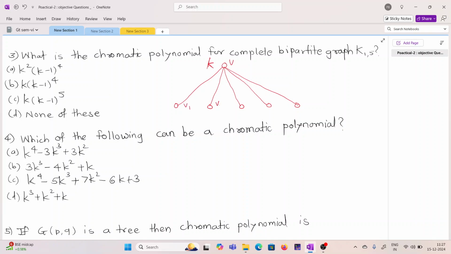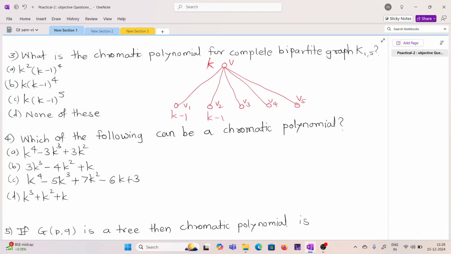Suppose these are V1, V2, V3, V4, V5. Then the color used for vertex V cannot be used to color vertices V1, V2, V3, V4, V5. So we have K minus 1 choices to color V1, and we can use the color of V1 for V2, V3, V4, V5 as none of V1, V2, V3, V4 and V5 are adjacent.